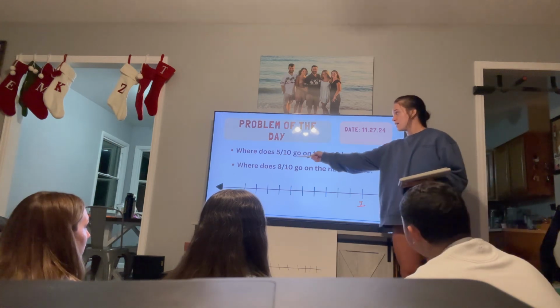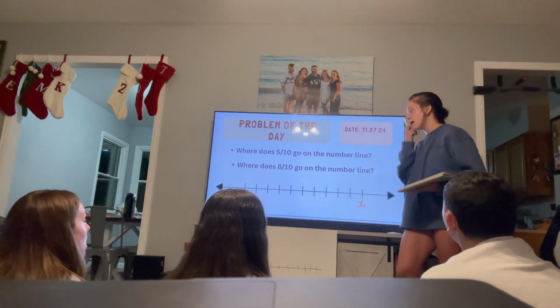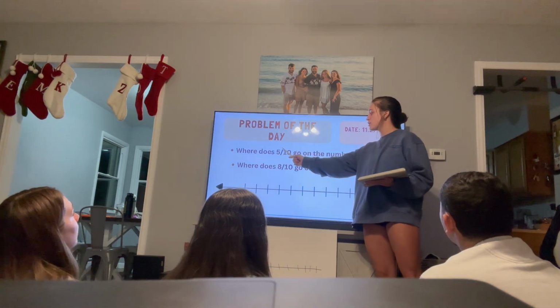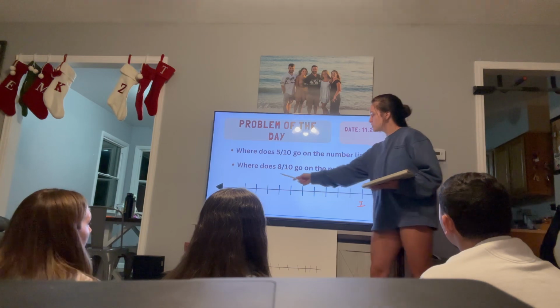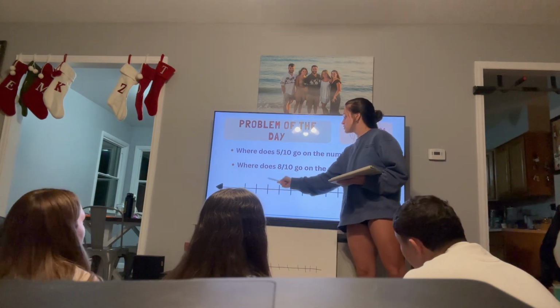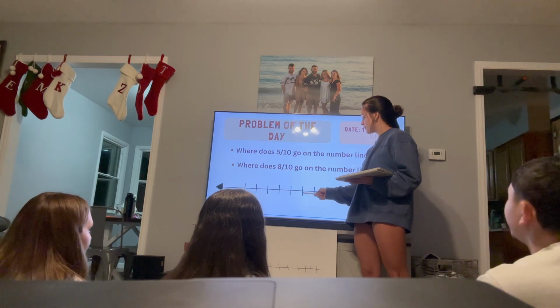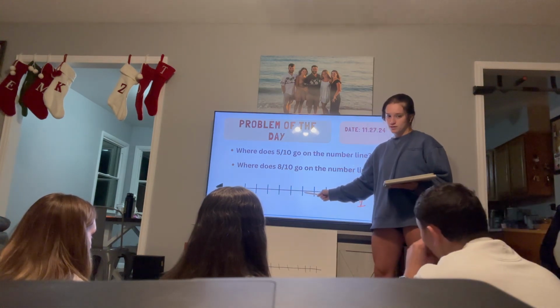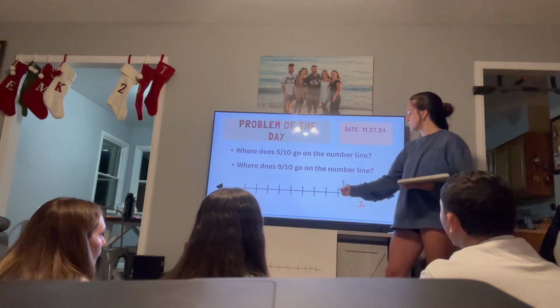So the 10 is the whole we're talking about, which is the denominator, okay? And then the 5 is the numerator, which tells us the number of pieces we're talking about. So it would be 1, 2, 3, 4, 5. And 5/10 would go right there.